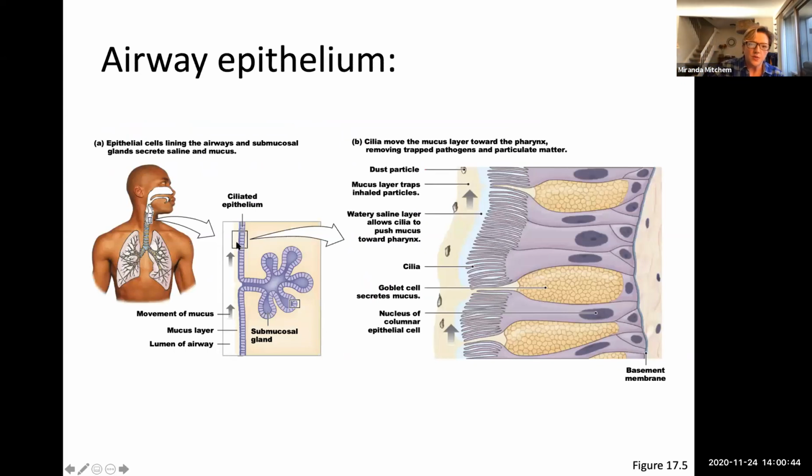Okay, so taking a look at one of the submucosal glands and how it associates with the respiratory trunk, and also the cilia are located here. We can see them more on the right side.